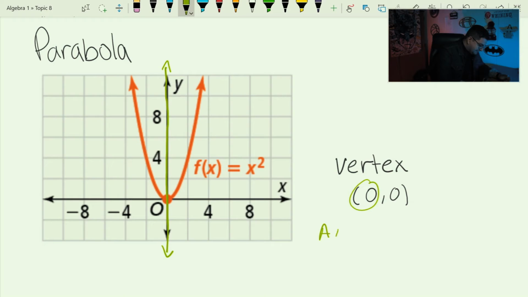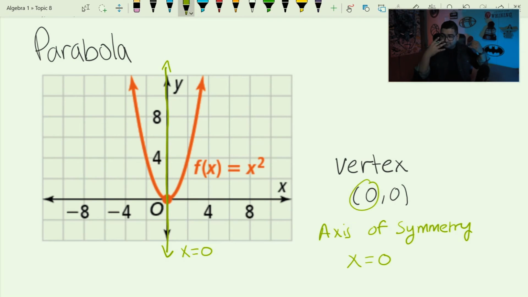So my axis of symmetry is seen there in the green, and it is x equals 0. Okay, so if you can find the vertex, you can find the axis of symmetry, or if you can find the axis of symmetry, you can find the vertex. Okay, so those are two other important terms to become familiar with.